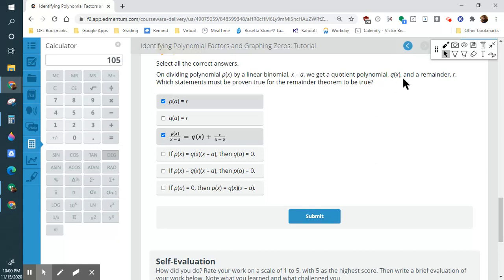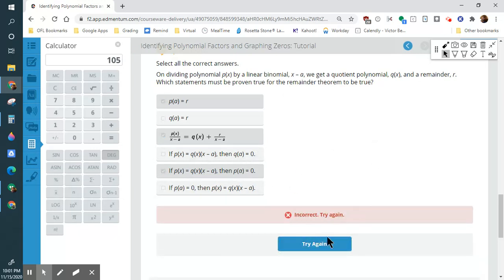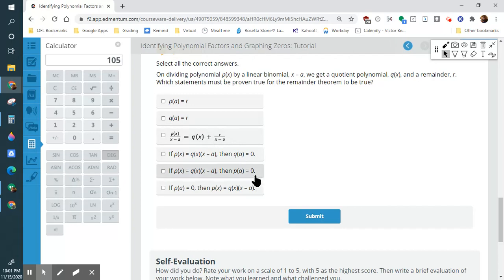Q of X times that. Oh, yeah. So this is just saying if you plug in the factor. So if you plug this times the quotient, that means you won't have a remainder. So if X minus A is a factor, then you shouldn't have a remainder, is what it's saying. Those had to have been the answers. Quotient. This I know is right.